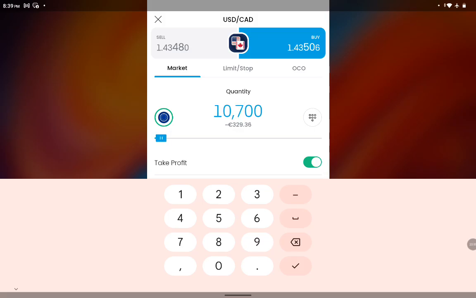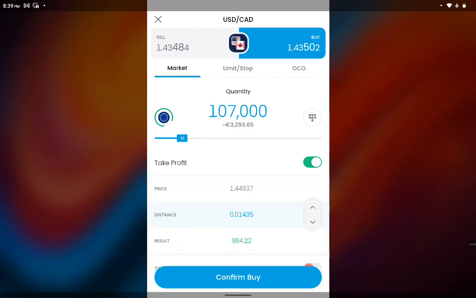Yeah, so we're focusing on 3,000. So 3,200, and yeah, we'll leave it at that and take profits. Focusing on 1.4409.